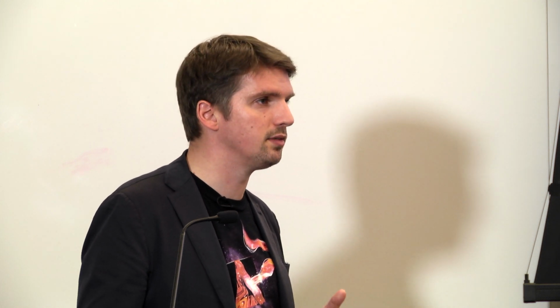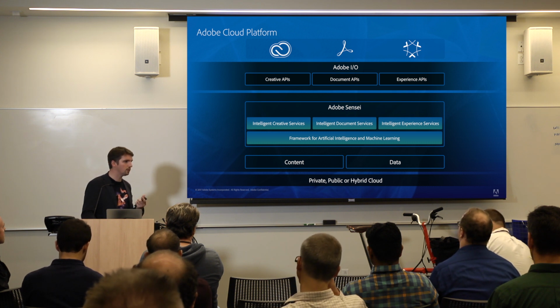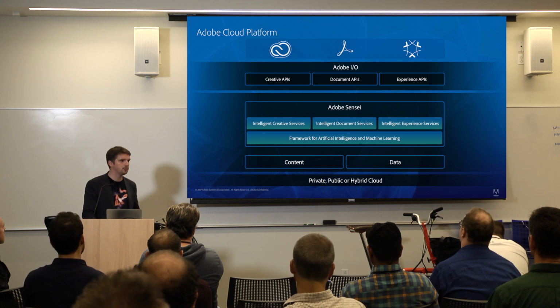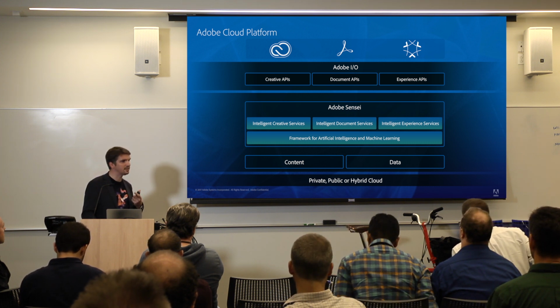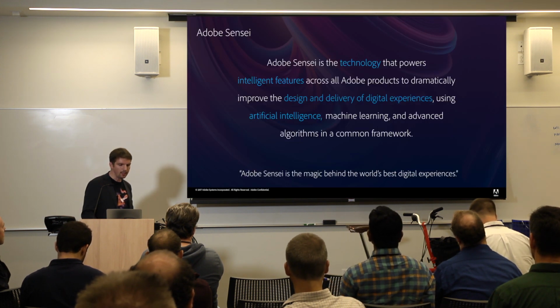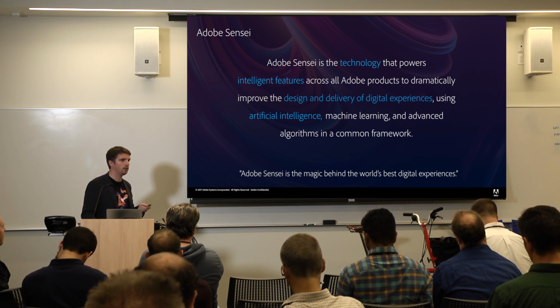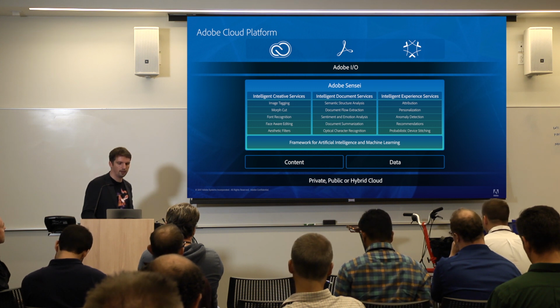So again, these are services that operate on content and data, whether they're about computational creativity, enlightened experiences, content cognition. The basic idea is always the same. It's intelligence for experiences, and it's using machine learning, deep learning, all the stuff that you typically read in the news.